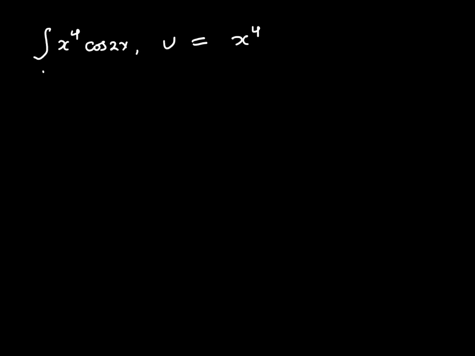Then the integral of x to power 4 times e to power 3x dx. So u still is x to power 4.